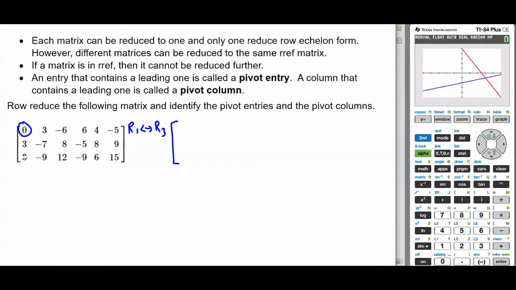So when I divide this by 3 to make it a 1, it's going to be nice. Okay. So put row 3 first. I didn't do anything to row 2. And move row 1 to row 3 spot.